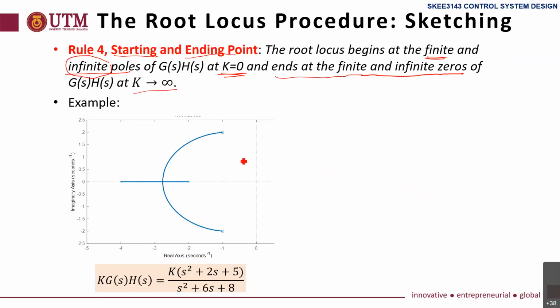Let's see this example. I plotted this using MATLAB. This is the transfer function. We have two poles here, and two zeros.